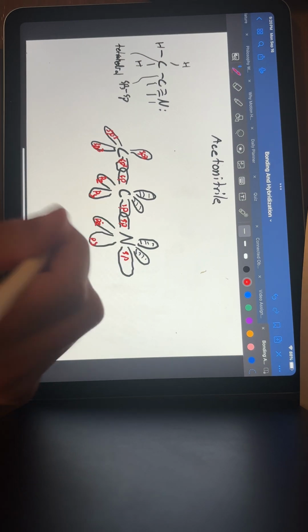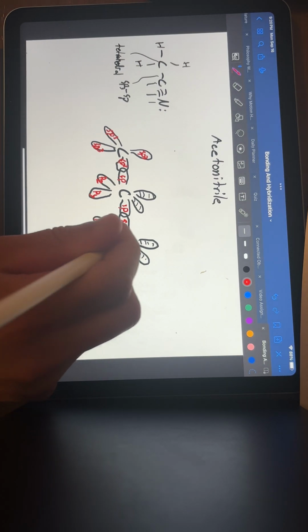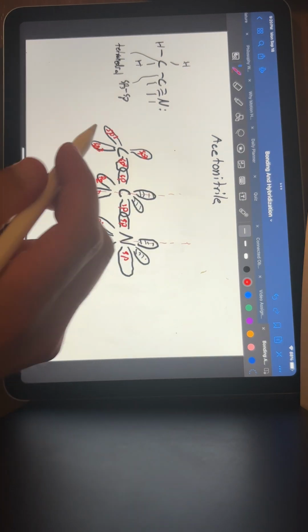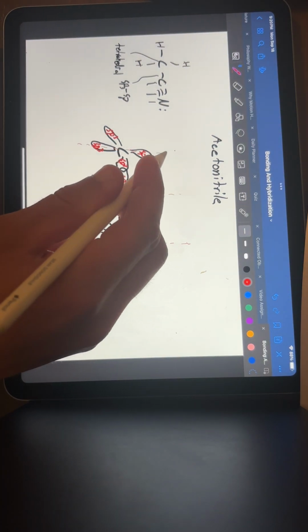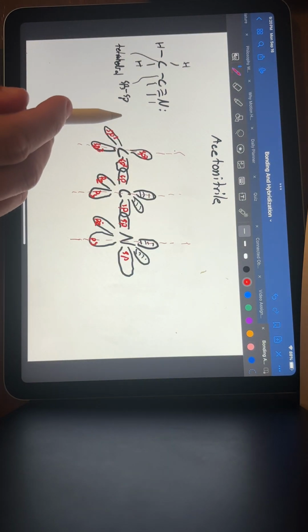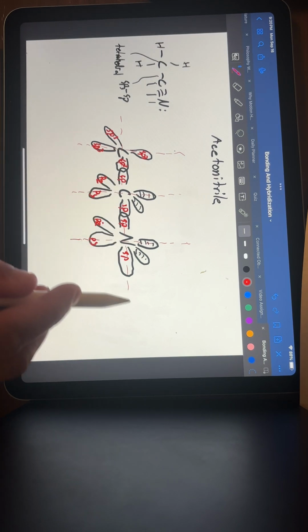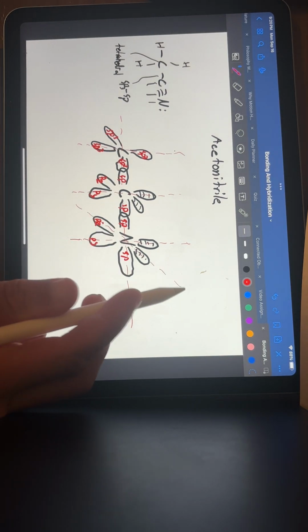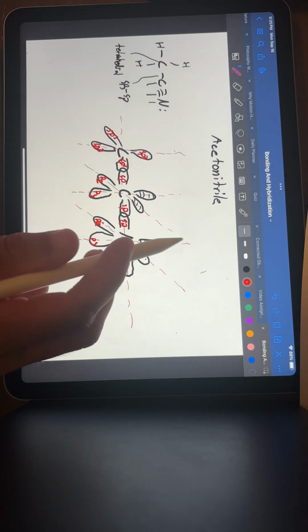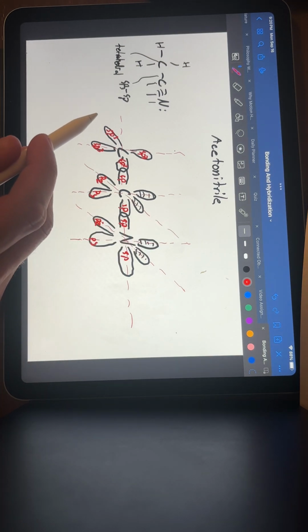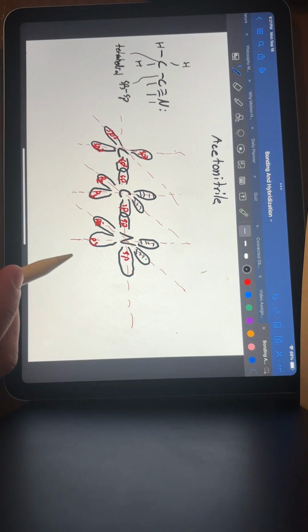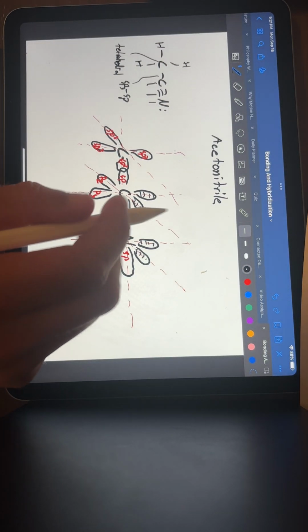So we have the y-axis here. We have the x-axis. Then we have the z-axis. So let's see what else. We have to talk about the bonds.